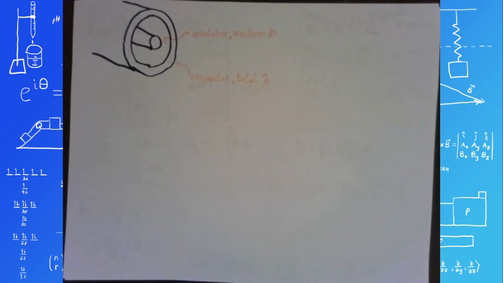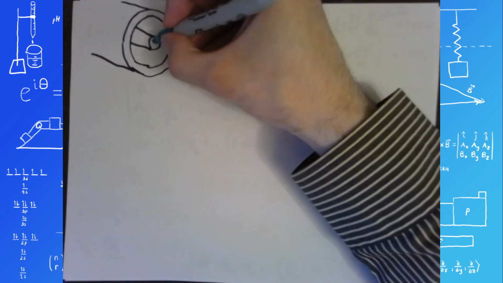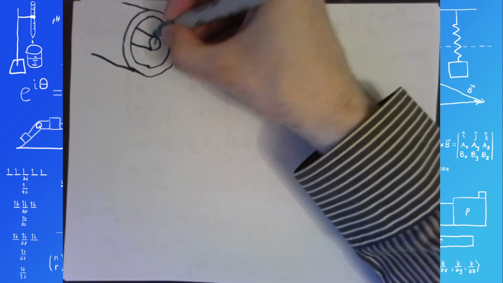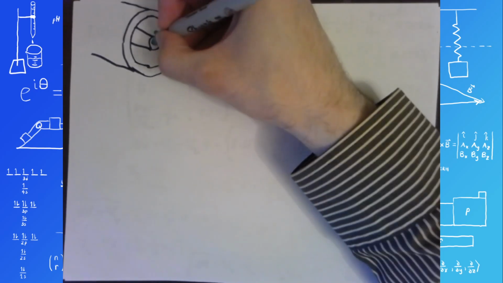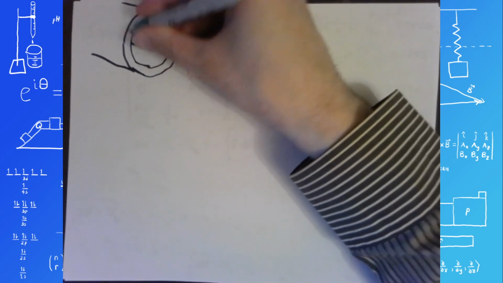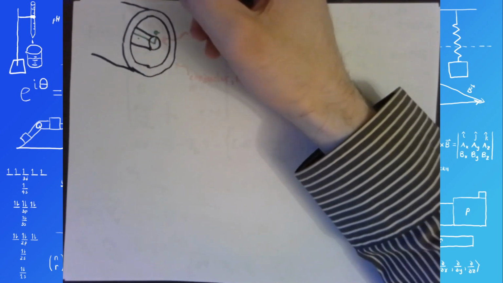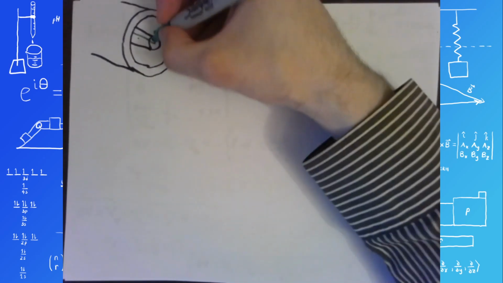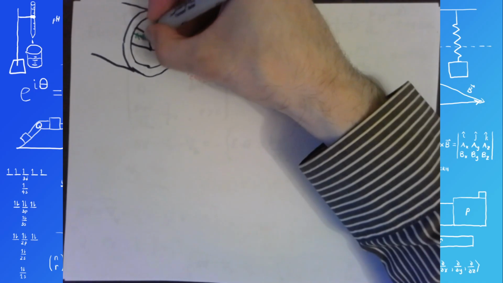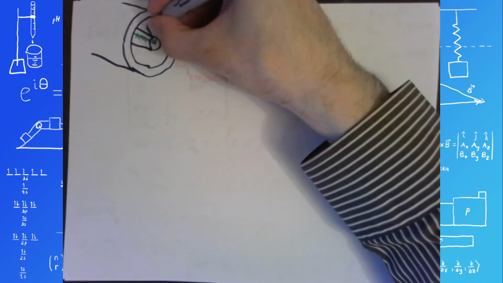And then, of course, we have our usual suspects for the radii. We've got A and B. Actually, the way I drew it, that makes it look like the length of the cylinder. Forget this. Let's do this.